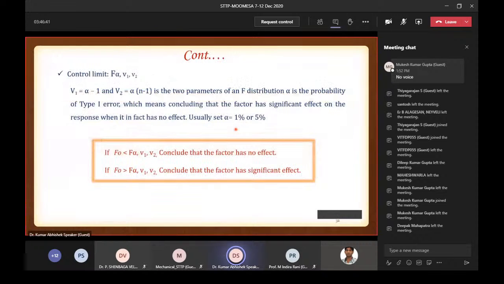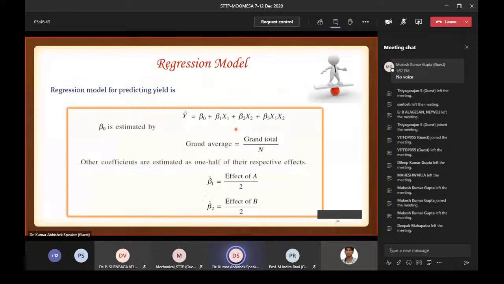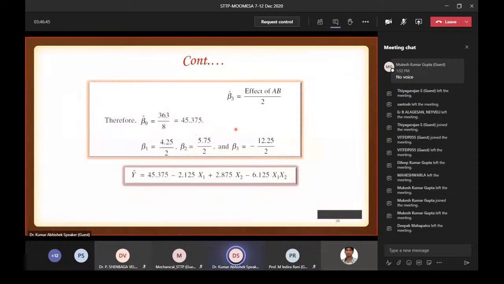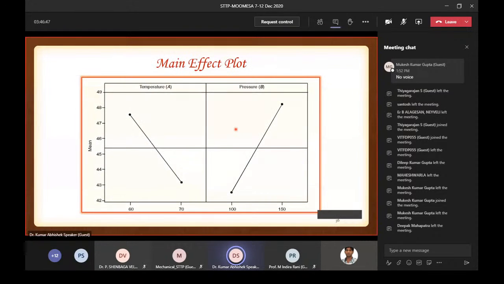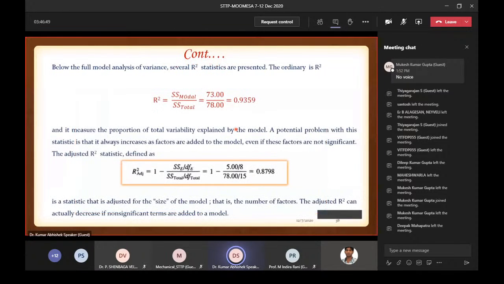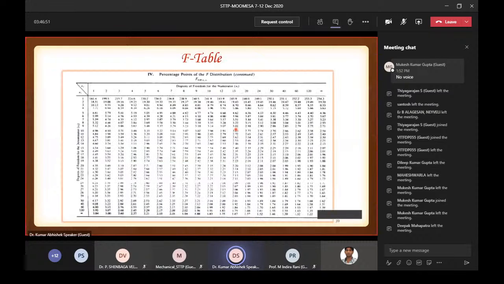So you are going to look at the F table, where it is written as the degree of freedom for the numerator, that is the degree of freedom for the factor, and the degree of freedom for the denominator, which is represented here as the error.